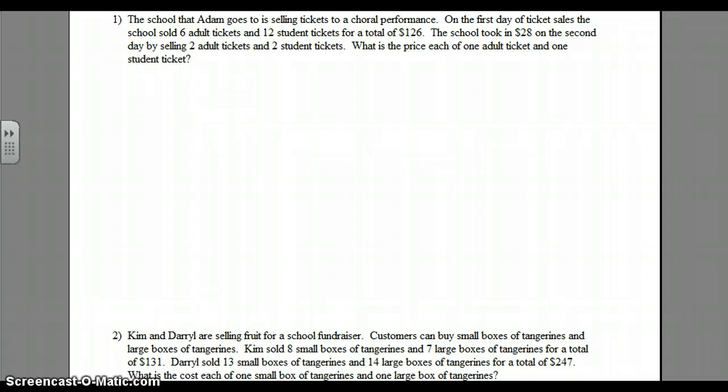So if you go ahead and read number 1 here, it talks about selling adult tickets and student tickets. That's always how we're going to start, is we're going to define our variables. Now I'm going to use x and y. If you want to use a for adult and s for student, that's fine.